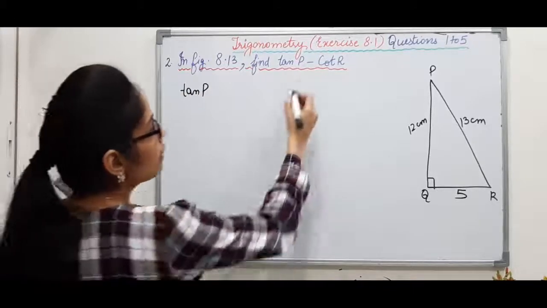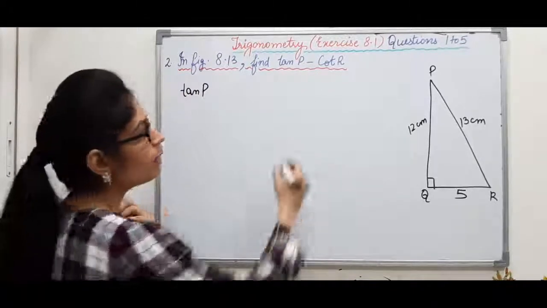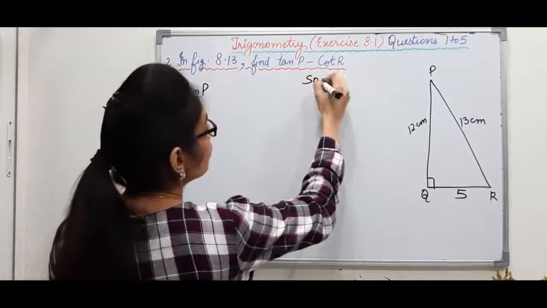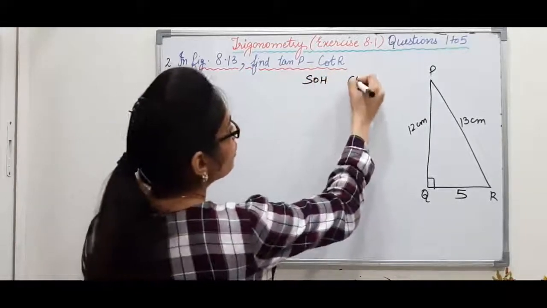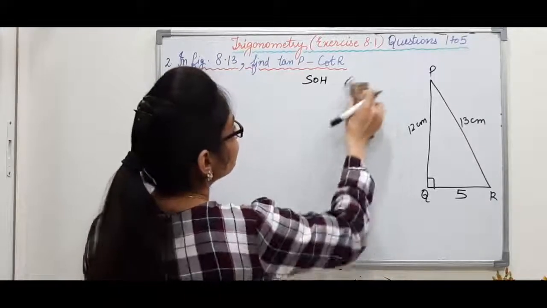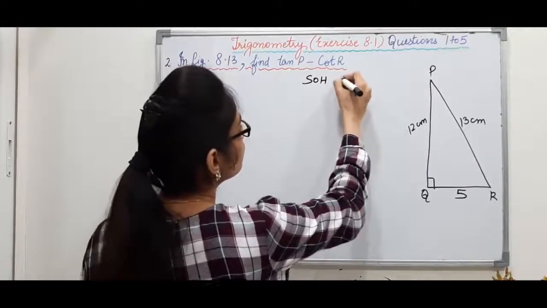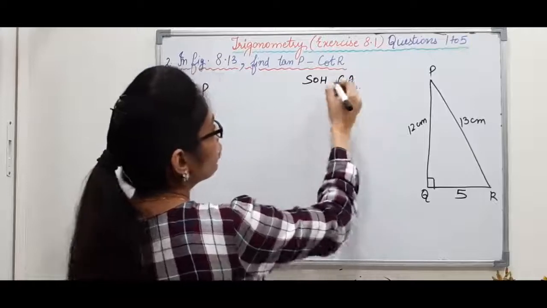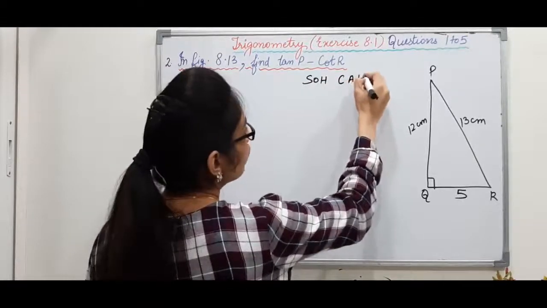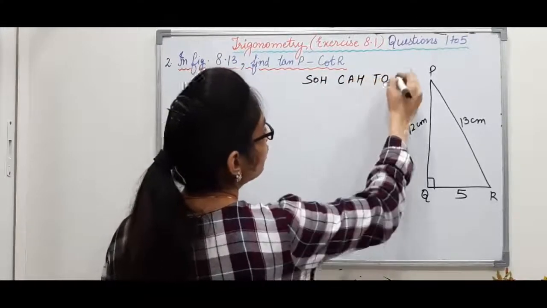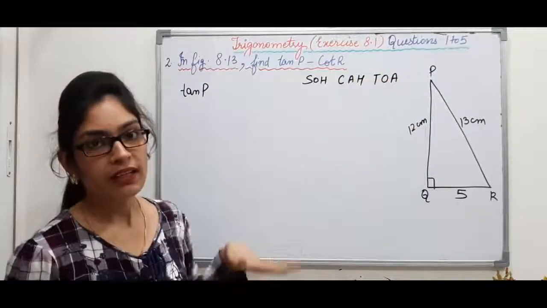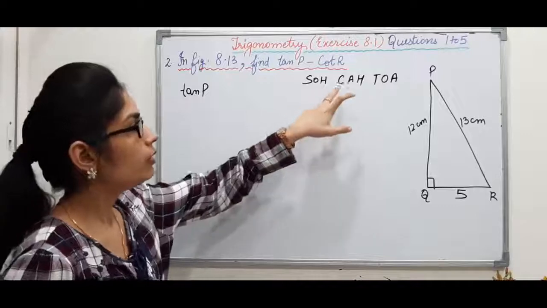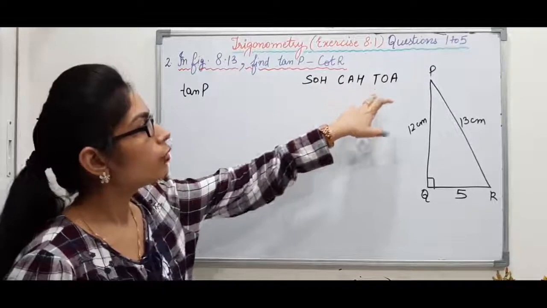So same way I have explained, I have given you one mnemonic: Some of her children are having trouble over algebra.